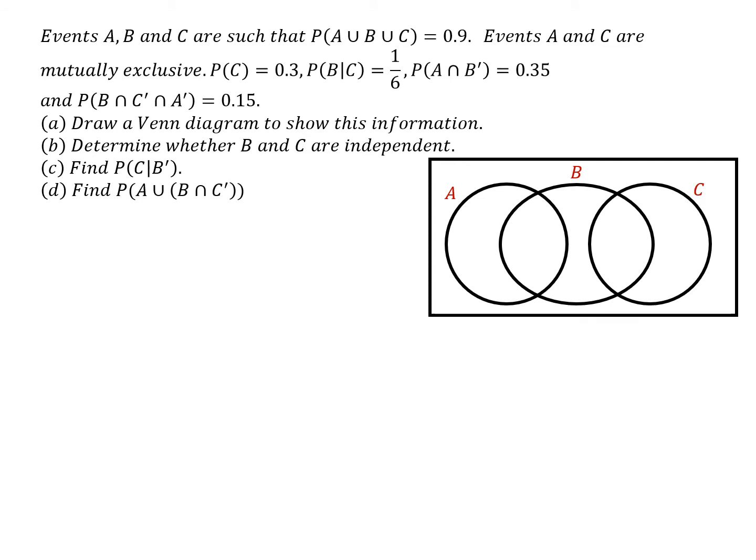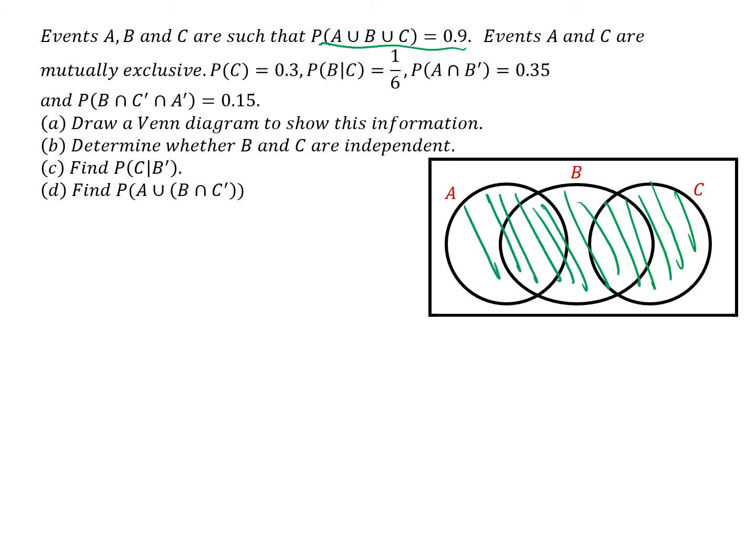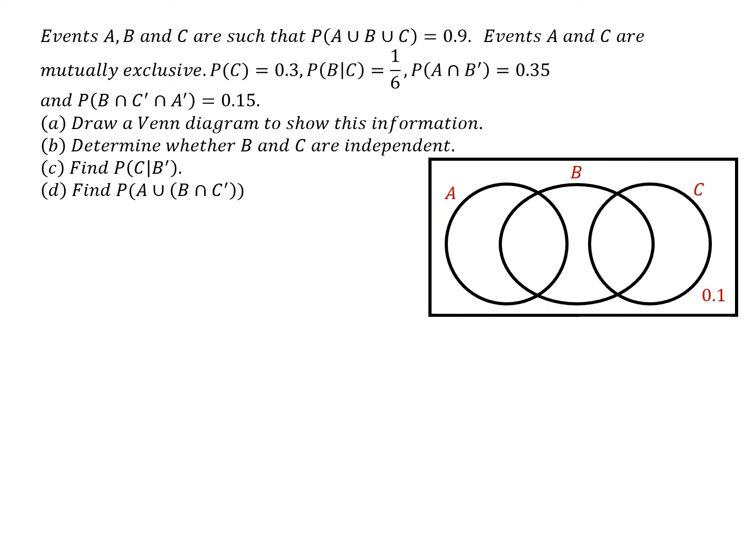Okay, so let's have a look at some of the numbers. We're told that A or B or C is 0.9, so that's all of that. The probability of all of that happening is 0.9, so therefore the bit around the outside must be 0.1. Now we're told that the probability of C is 0.3 and the probability of B given C is 1 over 6.